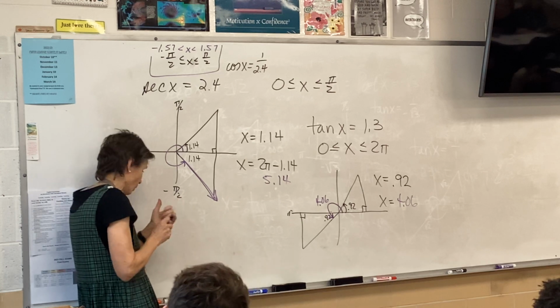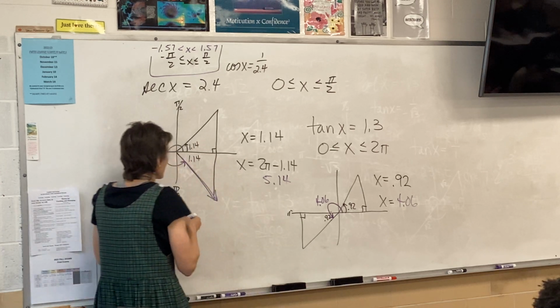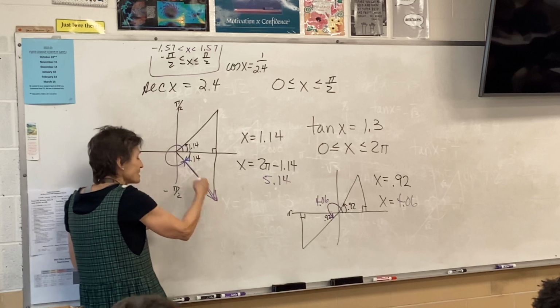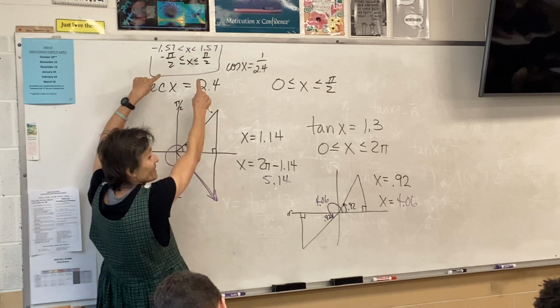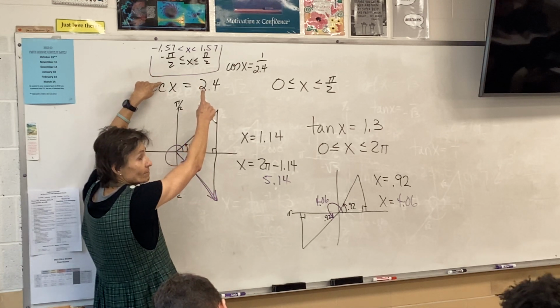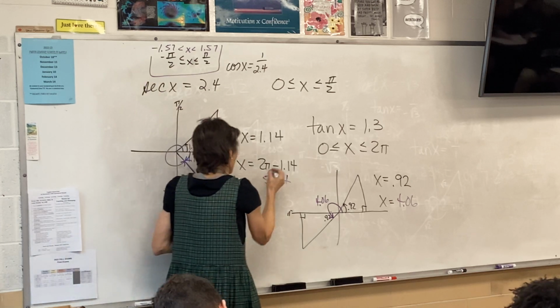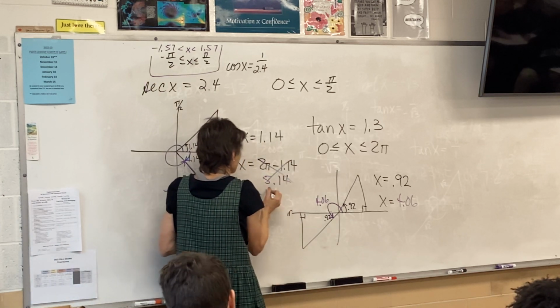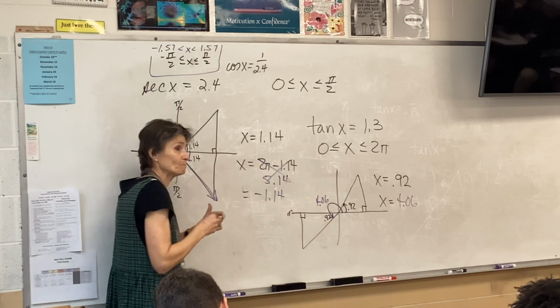Negative 1.14. It is the same angle, guys. It's in the same place, but it fits that, right? So this is not an answer. Your other answer is negative 1.14.